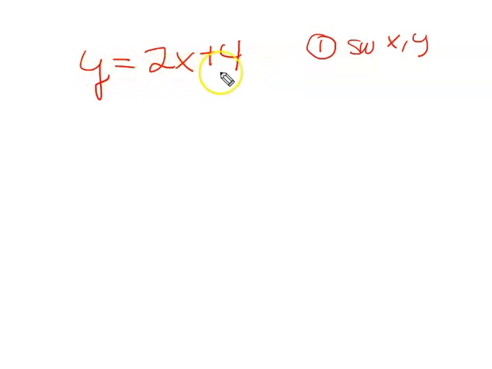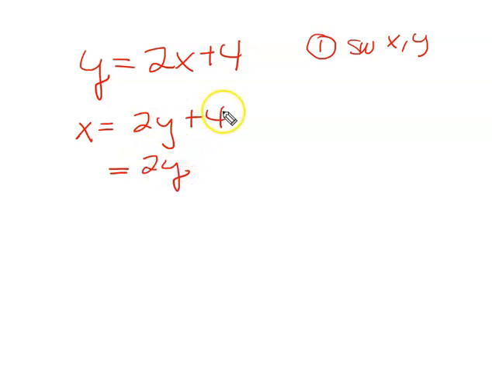So this is our initial function. We're now going to go x equals 2y plus 4. All we've done is switch the x and the y. X went over here, y went over there. Now we're going to solve for y. Well, I'm going to leave my y positive, so I'll leave it there like 2y. Transpose the 4, and I get x minus 4.